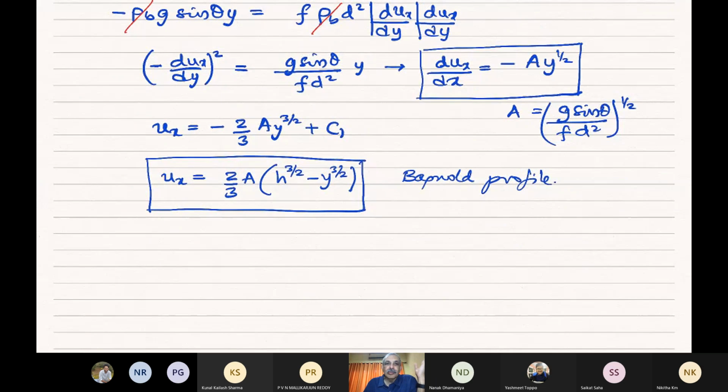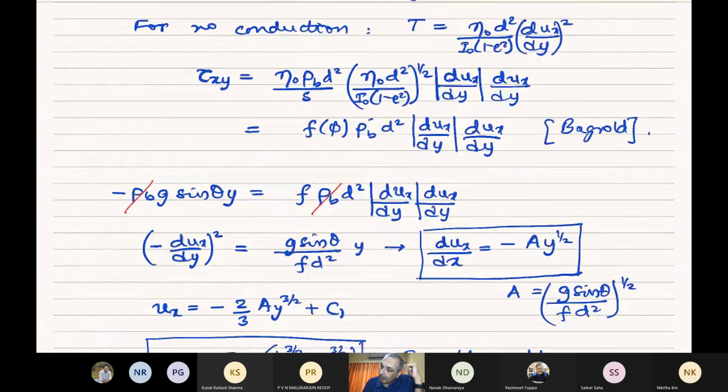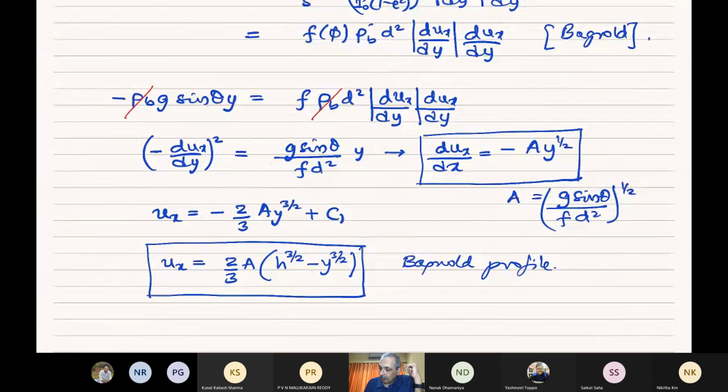And you get this whether you use Haff theory or Bagnold theory. But if you use Haff theory, then you have to assume that there is no conduction to get this profile.